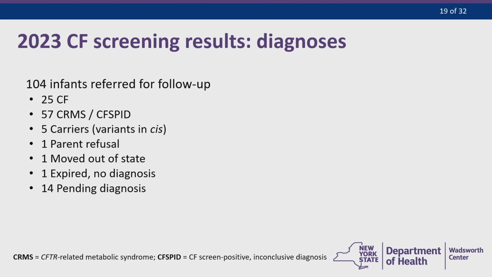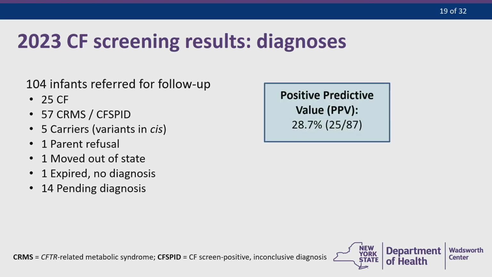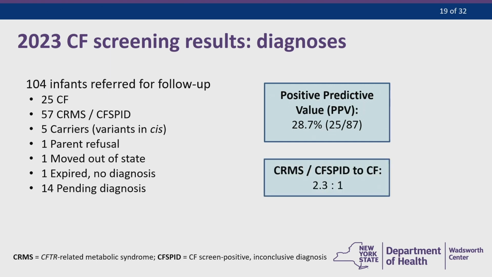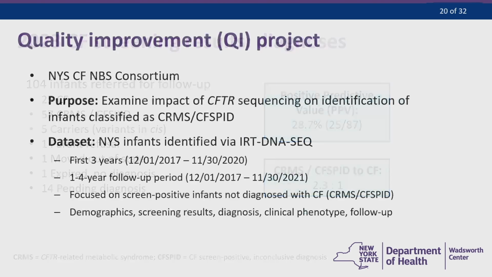You get a large increase in your number of CFSPID cases. So we've drastically improved our positive predictive value of screening. We've increased it by more than 6-fold. But our CRMS/CFSPID to CF ratio is now 2.3 to 1.